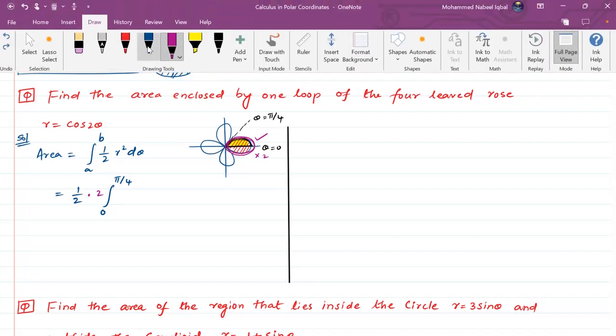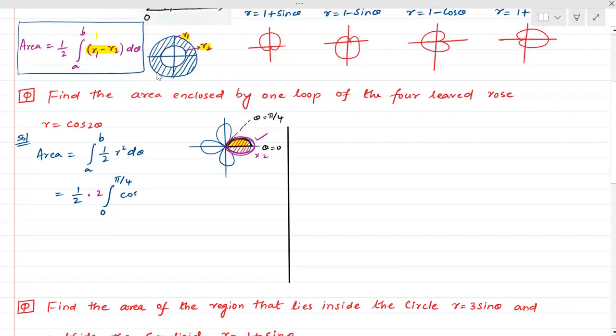Now we will just solve this one. What is r square? It is cosine square 2 theta d theta. I will simplify this before integration. Since it is a square, I have to make it a double angle. I know that cosine square theta equals 1 plus cosine 2 theta over 2.